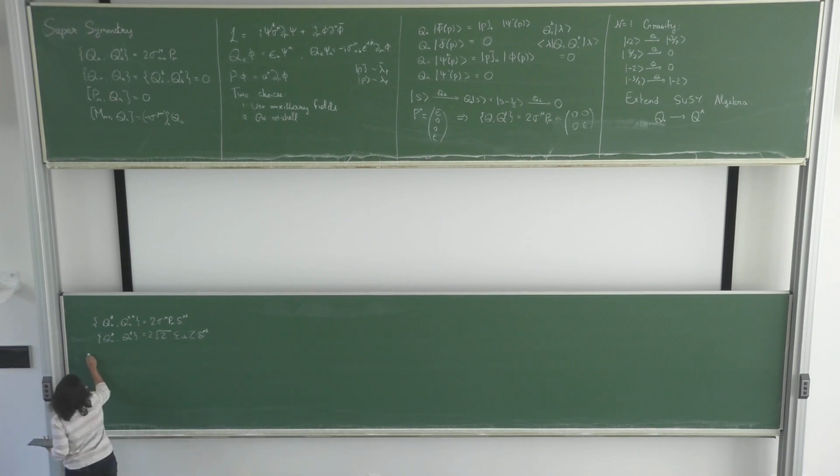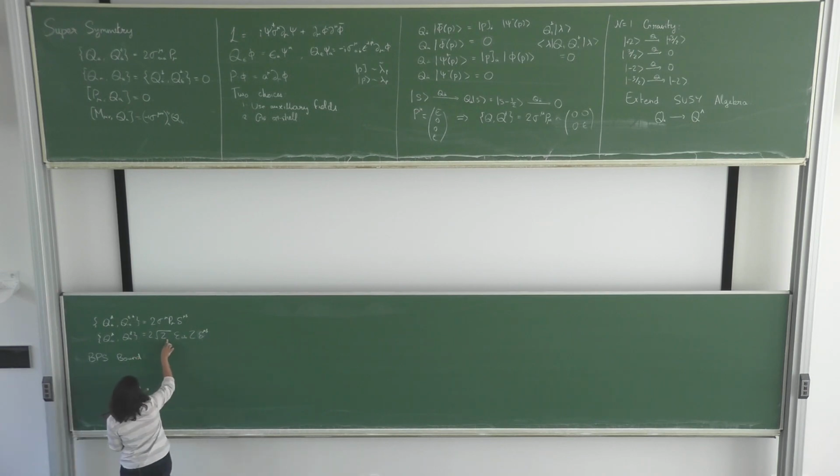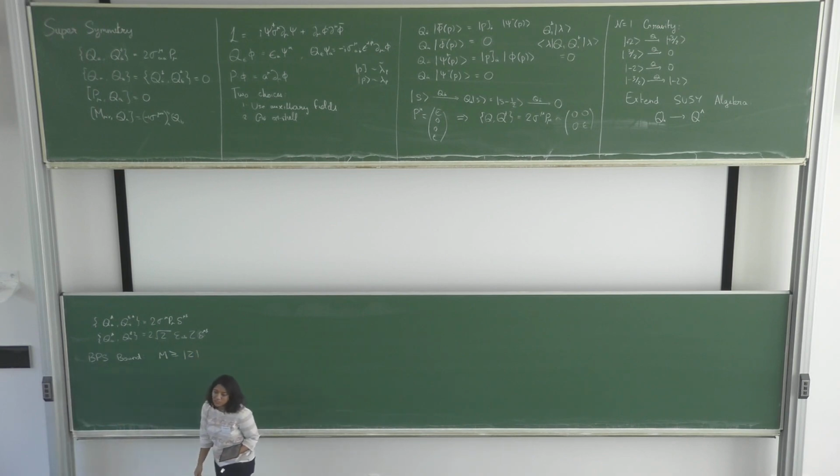When you are, though, in a massless theory, well, in any theory, actually, you're subject to the BPS bound that says that this central extension or central charge Z has to satisfy M greater than or equal to the modulus of Z. Okay? So clearly, when you're in a massless theory, M equals 0, and so Z necessarily has to be 0.